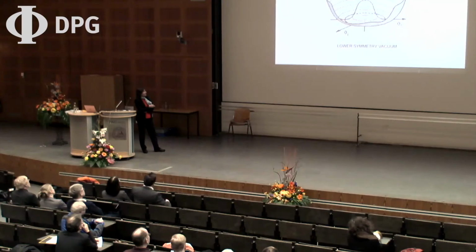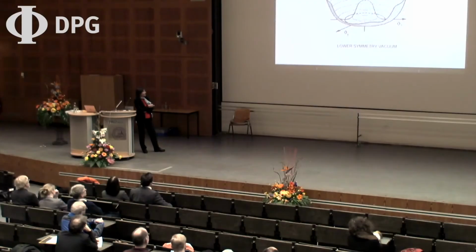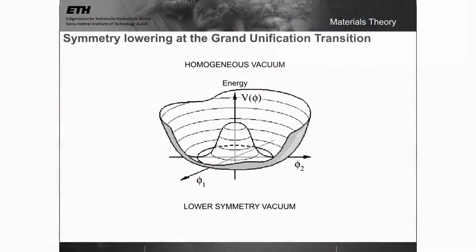What it means is that before the transition, when the system's in the homogeneous vacuum in the high symmetry state, its energy is sitting up at the top of the hat, and in every direction it looks, it sees the same thing. And after the phase transition, the system drops down to the lower energy phase, somewhere in the bottom of the hat, in its lower symmetry vacuum. But it can have any orientation. It can adopt any of these positions in the brim of the hat.